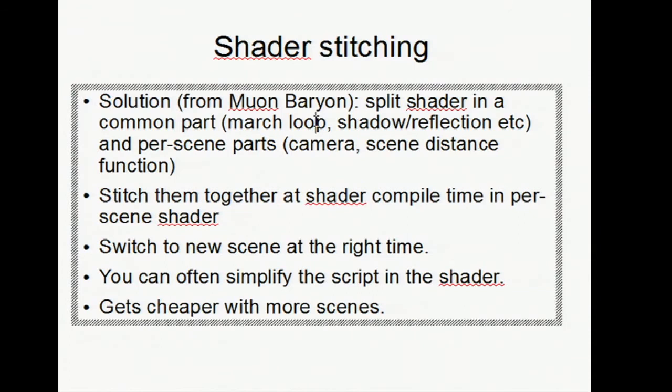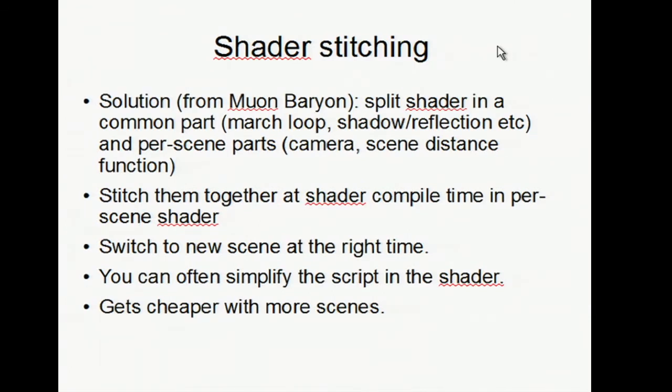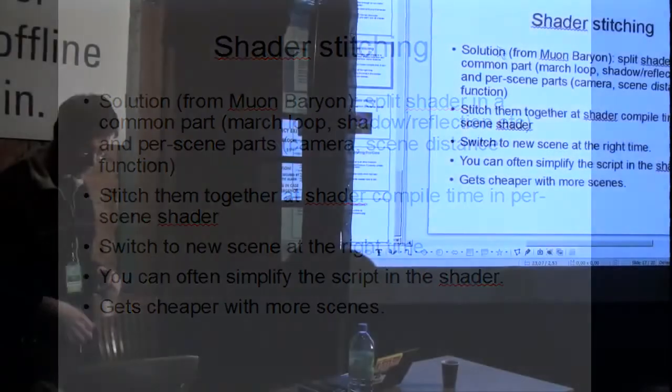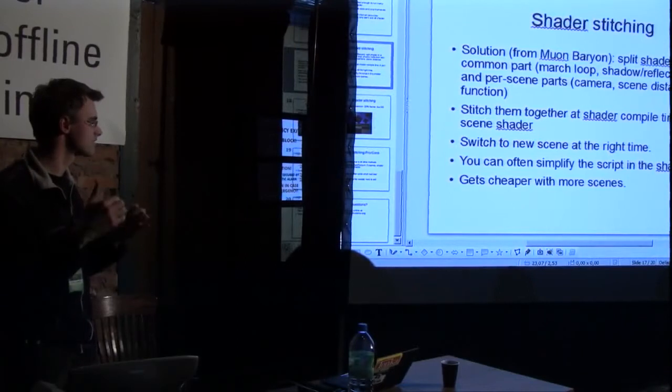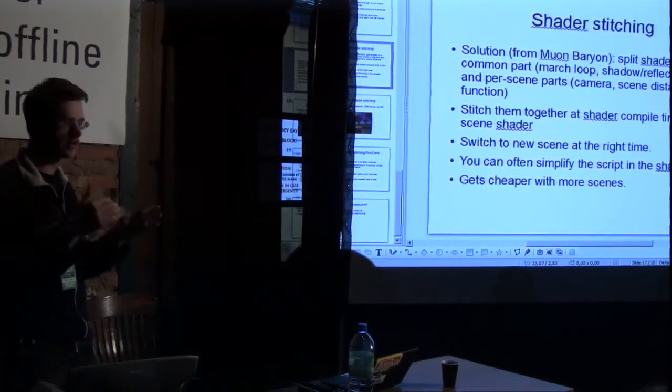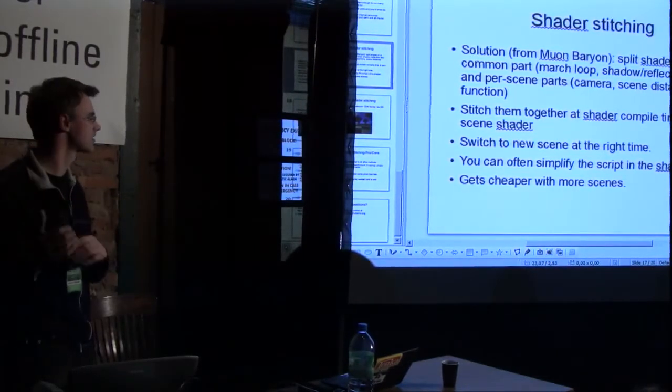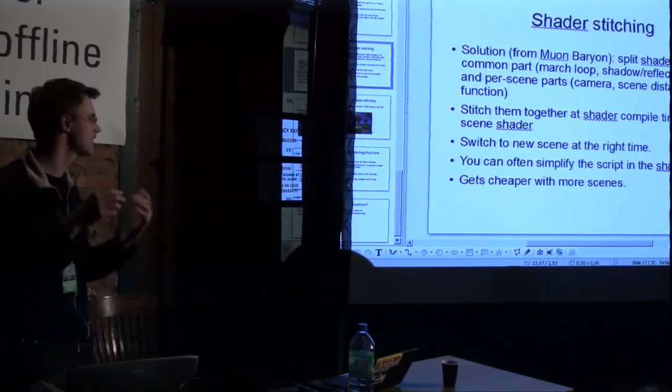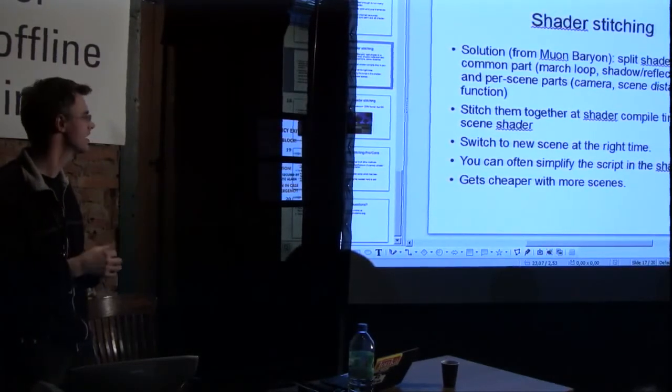So the solution, which I first saw in Muon Baryon, is to split your shader into one common part with a marching loop and shadow and reflection stuff, and then some per scene parts like the camera motion or the scene distance function. When your intro launches, it stitches them together into a per scene shader. So when you reach a new scene, you switch the shader.